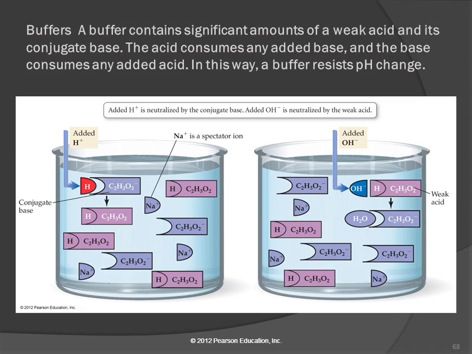So here's a picture. Pictures are good. So what do we have here? This is the acetic acid, and this is the sodium acetate in the blue. Sodium acetate is an ionic compound.